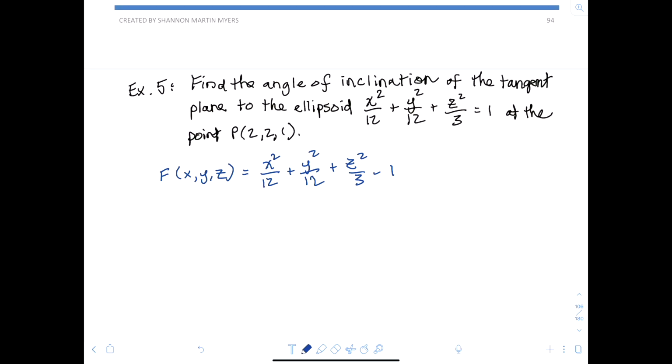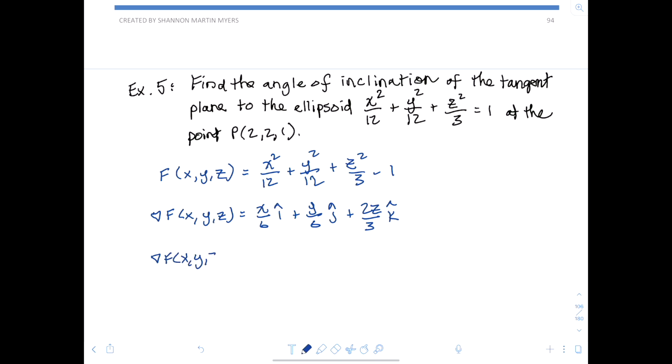And then what's our del F going to be? Good. Del F at x, y, and z will just be 2x over 12 is x over 6, so times i, plus y over 6 times j, and then plus 2z over 3 times k. And gradient of f at x, y, and z will be plugging in 2, 2, 1.